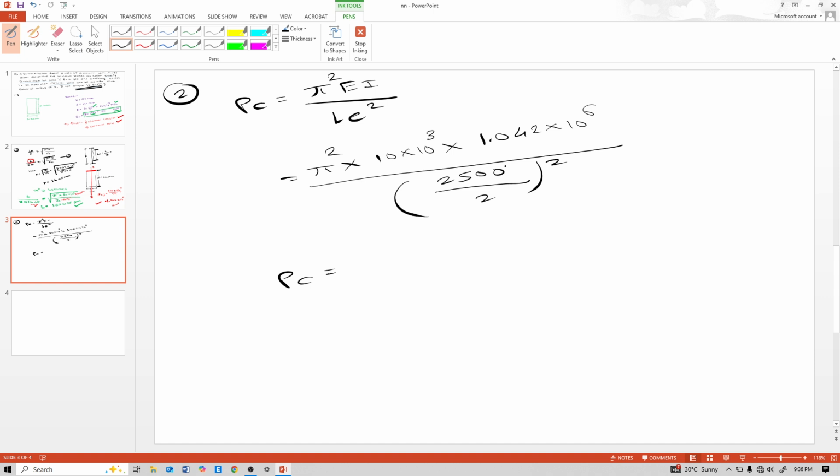So it is 65.82 into 10 raised to 3, and the unit is Newton. Why is the unit Newton? Because this is in Newton per mm square, this is in mm raised to 4, and this is in mm square. So mm square remains and Newton is remaining, so that's why it is in Newton.